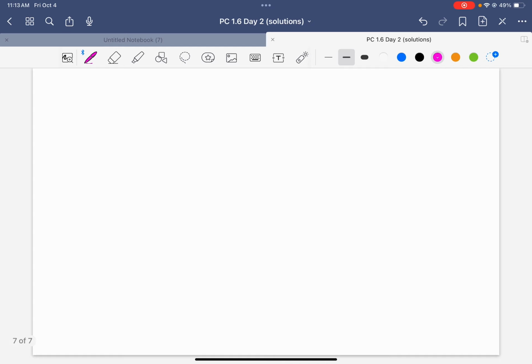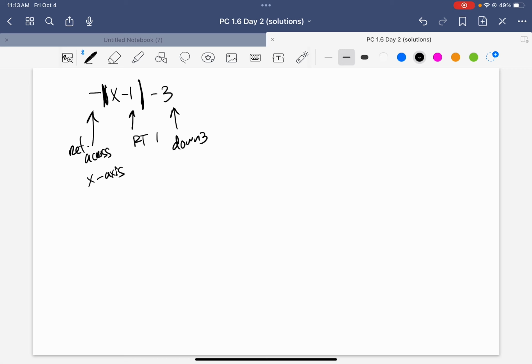So that's 48. If we look at 50, it's the same sort of deal, graphing it by hand. So for 50, what's going on? I think first I went right 1, and then this is a reflection across the x-axis, and then this is down 3.